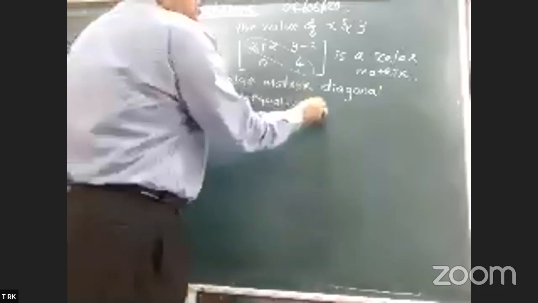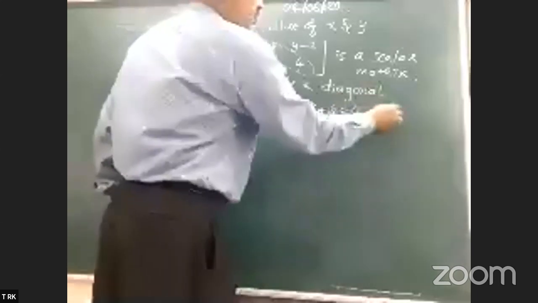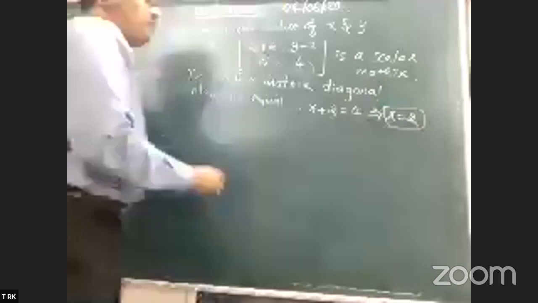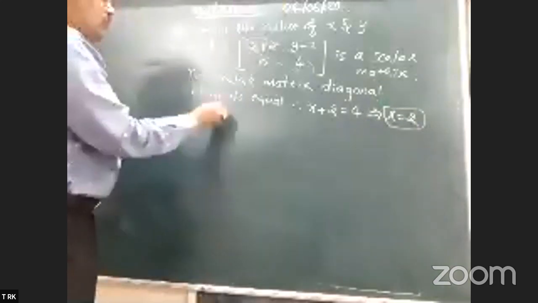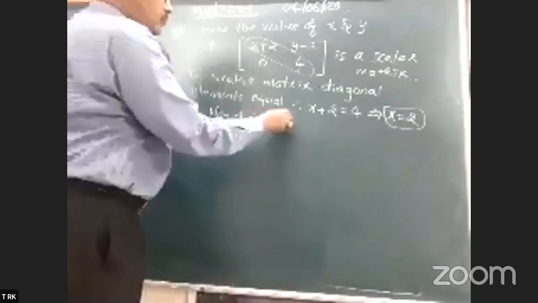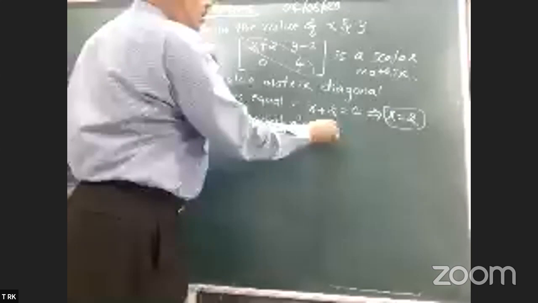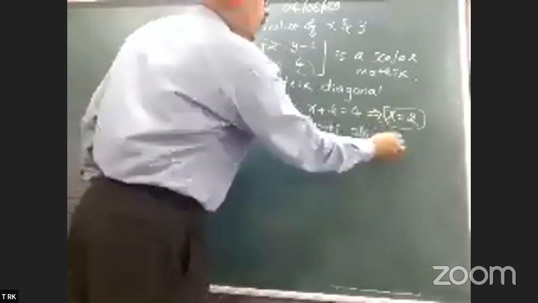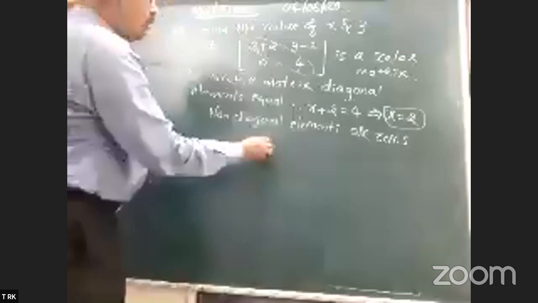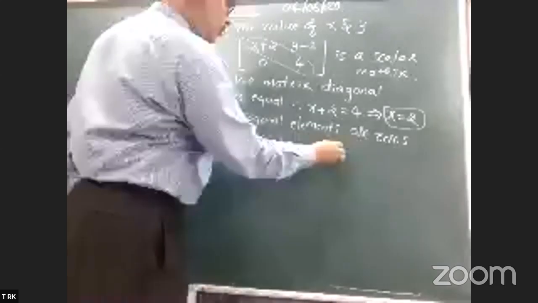Therefore, x plus 2 is equal to 4. This gives x is equal to 2. And non-diagonal elements are zeros. Therefore, y minus 3 is equal to 0. This gives y is equal to 3.